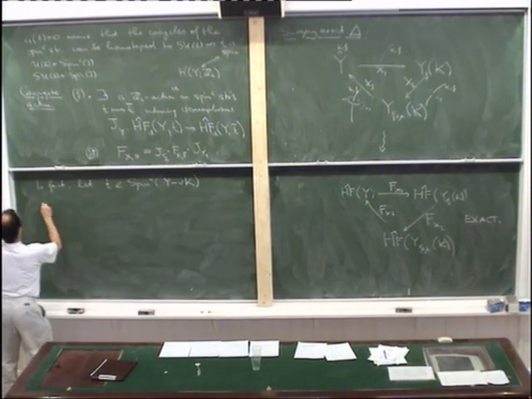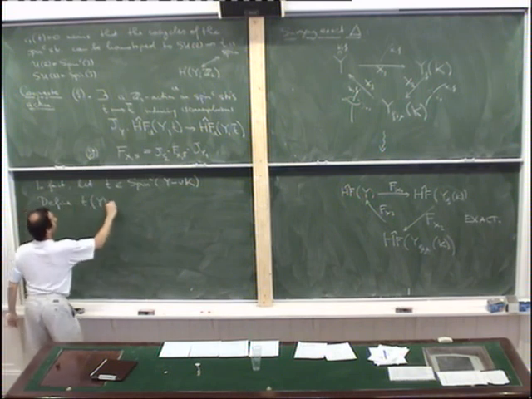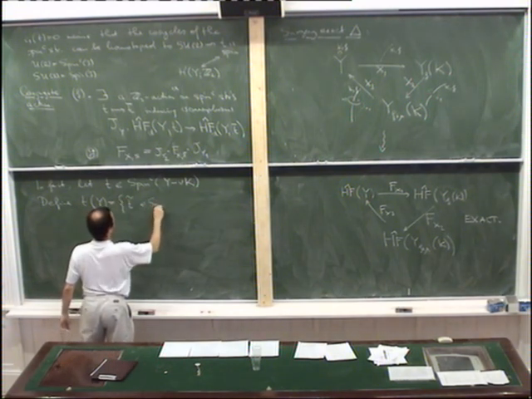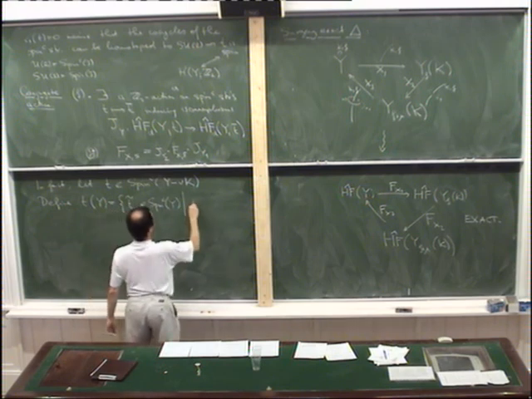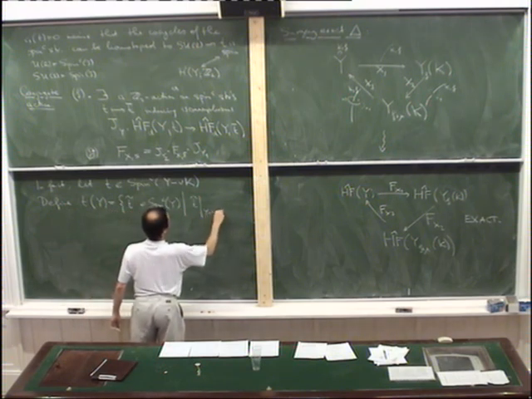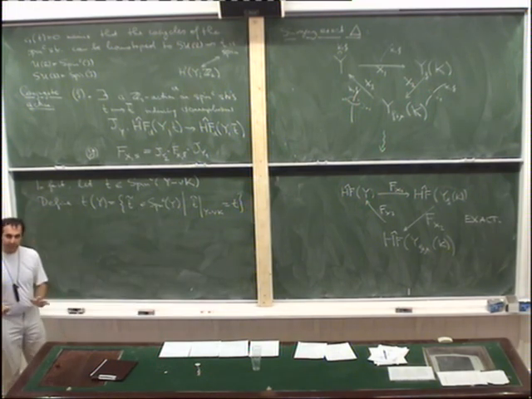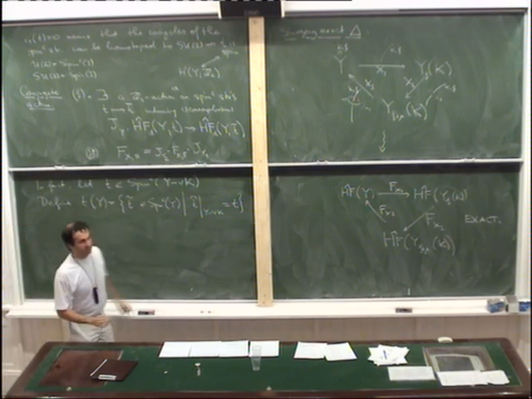And so let's define T_Y to be those spin C structures, T tilde, which restrict to this given one. And then I leave you to your fantasy how to define T of YK, of YFK, and so on.